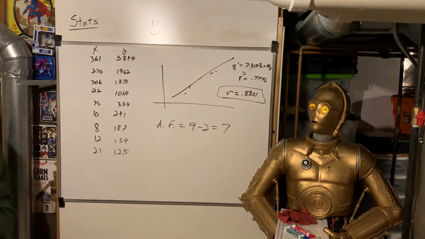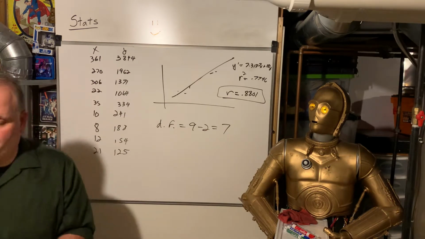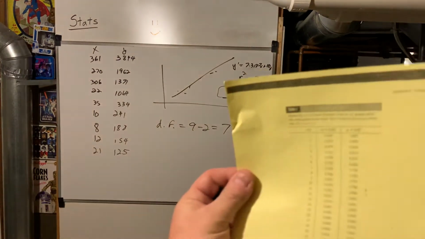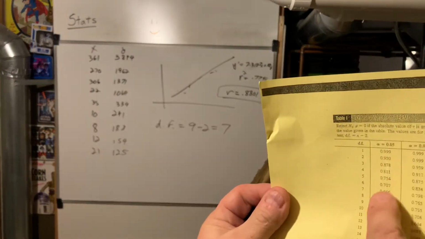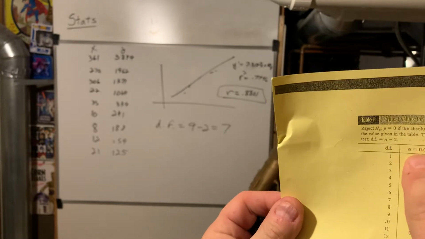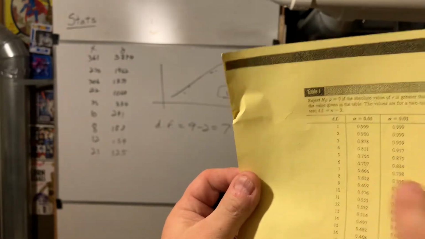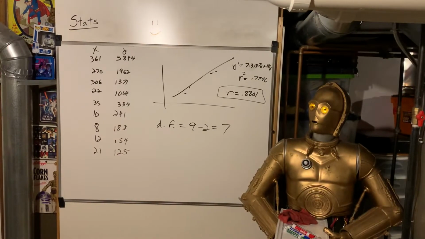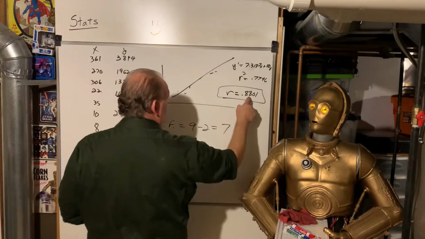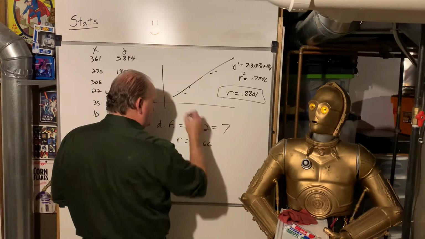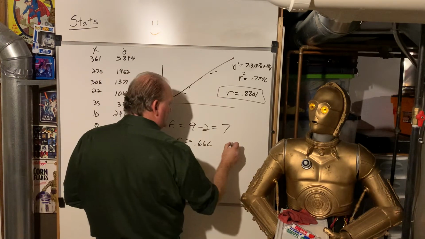And then again, on Blackboard or in the appendix of your book, you look up this table where the correlation for 7, 5%, it's got to be better than 0.666. And it is. So R has to be greater than 0.666 for this to be a decent model at the 5% significance level.